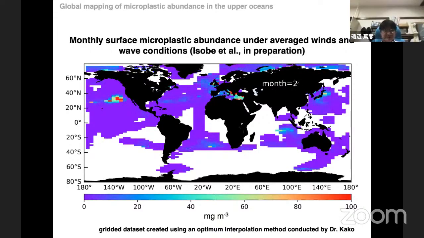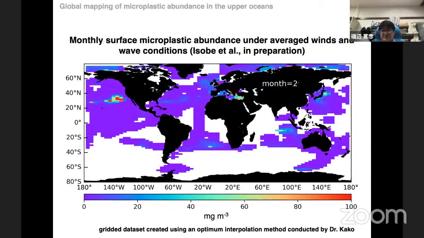Yeah, this is a very great question. We have to elucidate and uncover the entire ocean plastic circulation. Otherwise, we cannot predict future ocean plastic pollution, or even in the current status, understand how microplastic is distributed in our oceans.